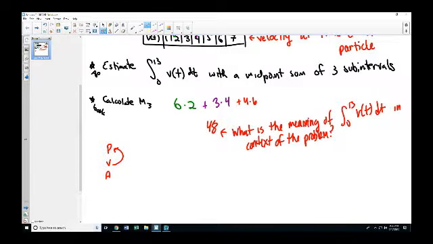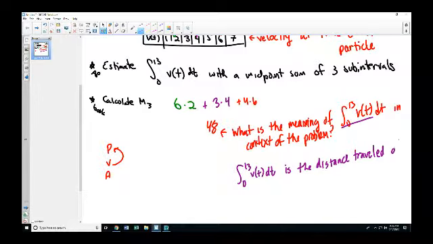Here's your proper answer format. You have to address the subject. That is the distance traveled, or you could say the distance the particle traveled.